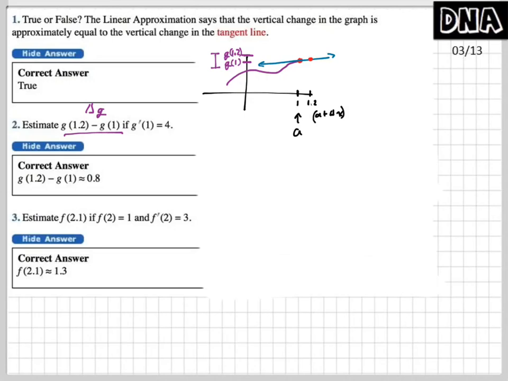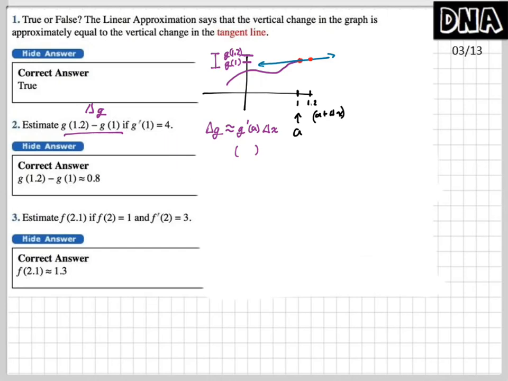This is where we use this formula. The change in g is approximately equal to g prime of a times the change in x. Now, what does g prime of a represent? It represents the slope at the first point. Do we know what g prime of a is right now?